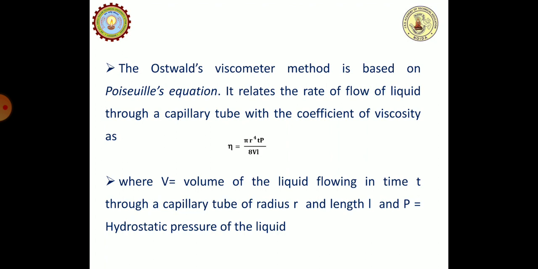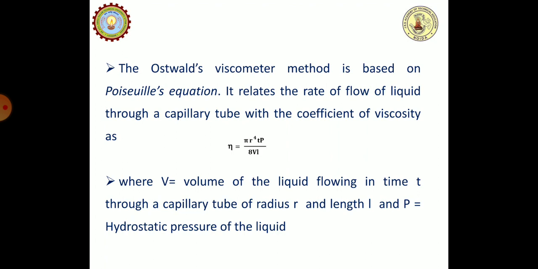Eta is equal to pi r to the power of 4 into t into P divided by 8 into V into L. This equation relates the rate of flow of a liquid through a capillary tube with the coefficient of viscosity.